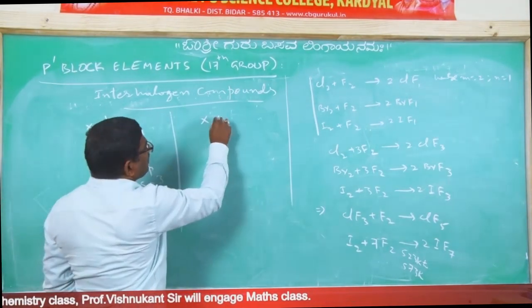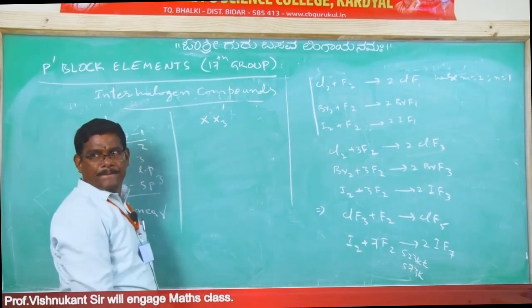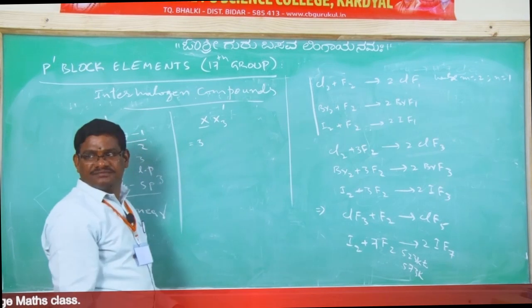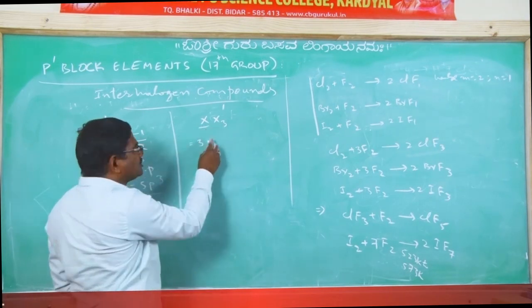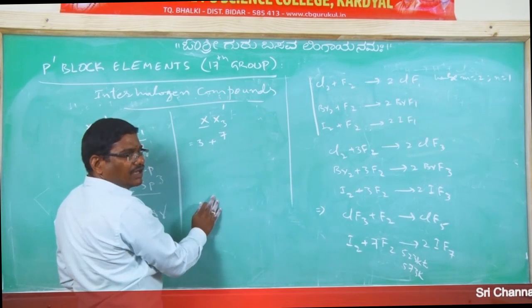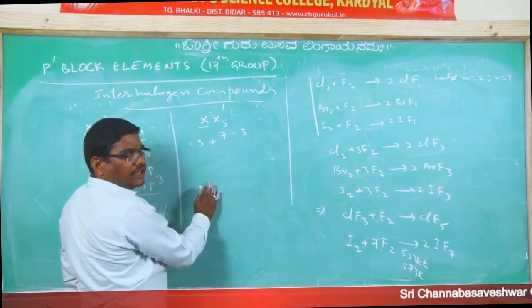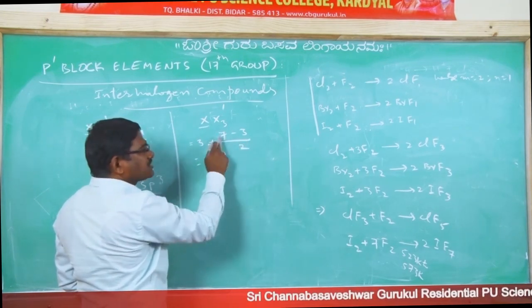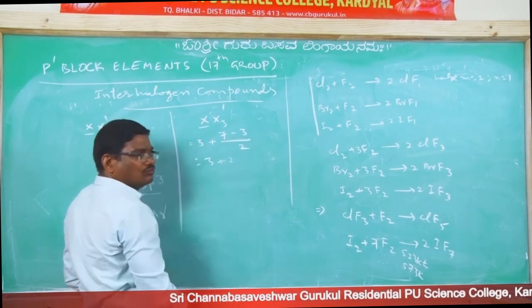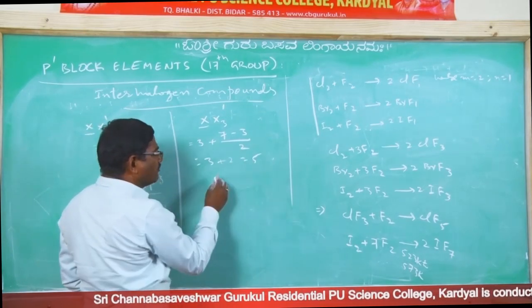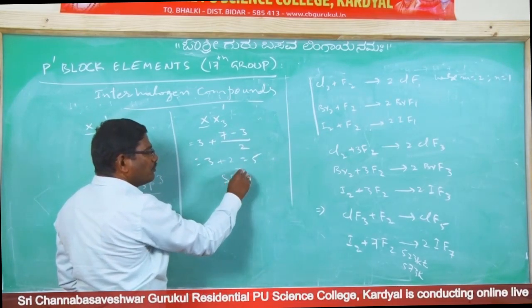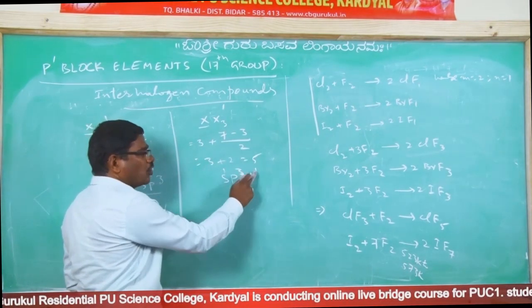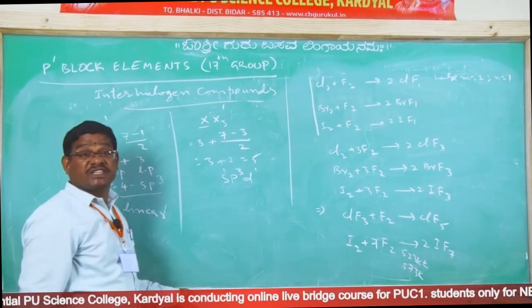Similarly, if you consider XX3 dash, X is the central atom. Around it how many atoms are attached? 3, na? Around it 3 atoms are attached. Group number of central atom 7. Its oxidation number 3. Here minus 1 into 3, therefore plus 3, divided by 2. So 3 plus 7 minus 3, 4 by 2 will be 2. 3 plus 2 will be 5. 5 will be s1 p3 d1. 1 plus 3, 4 plus 1, 5. So sp3d hybridization.